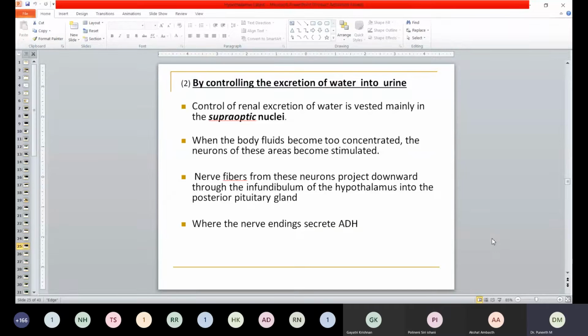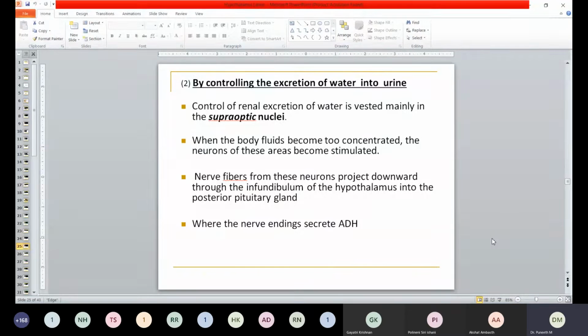Nerve fibers from these nuclei project downwards through the infundibulum of the hypothalamus to the posterior pituitary gland, that is the hypothalamo-hypophyseal tract. These nerve endings secrete a hormone called antidiuretic hormone. The other name is vasopressin.